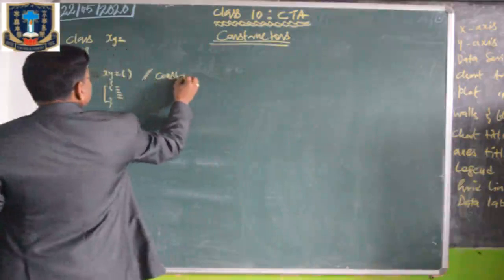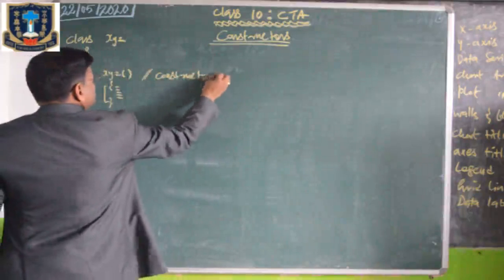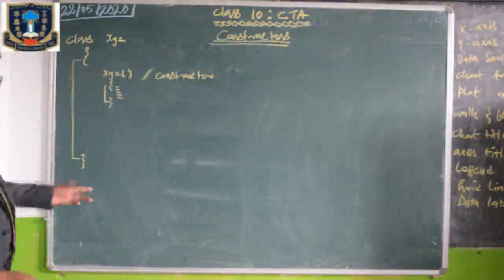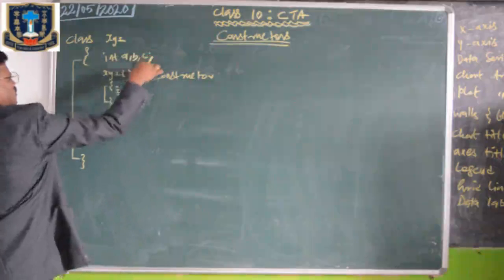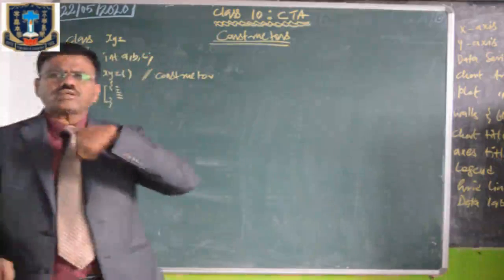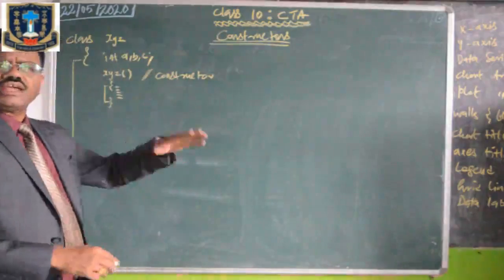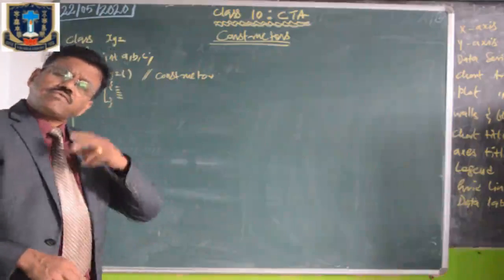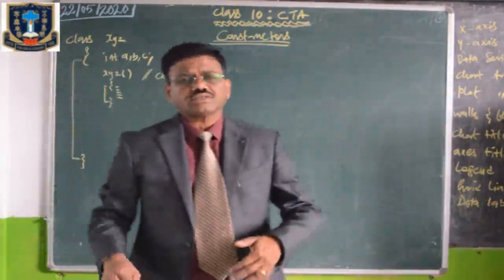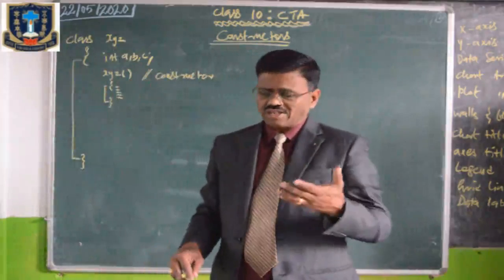For example, I am using three variables in my program: integer A, integer B, and integer C. Even if we don't create this constructor, the compiler creates one by itself.